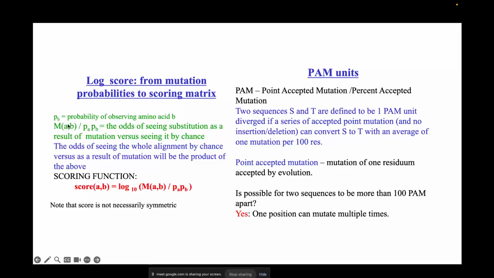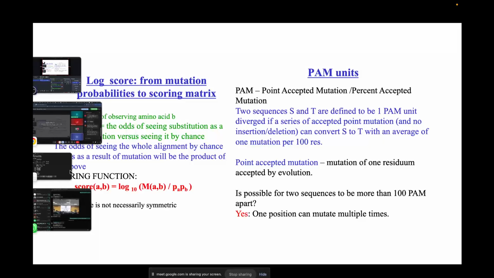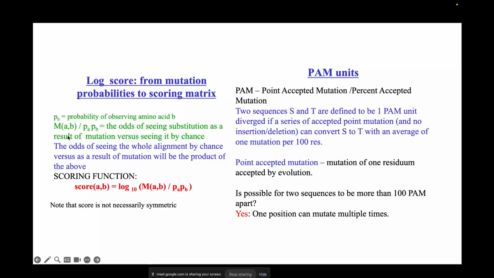So if you consider the probability of observing amino acid B as PB, and M of AB as the mutation of A to B, the odds of seeing that substitution is M_AB over PA times PB, where PA is the probability of observing amino acid A and PB the probability of observing amino acid B. That is basically the odds of seeing the substitution as a result of mutation versus by chance.